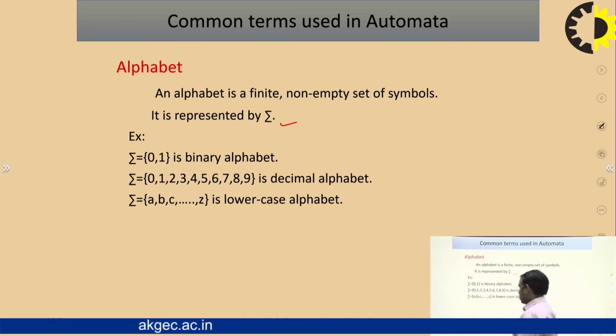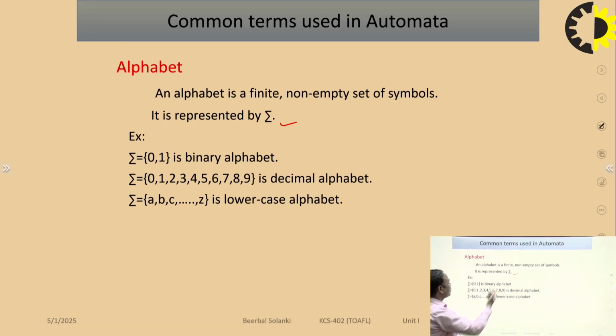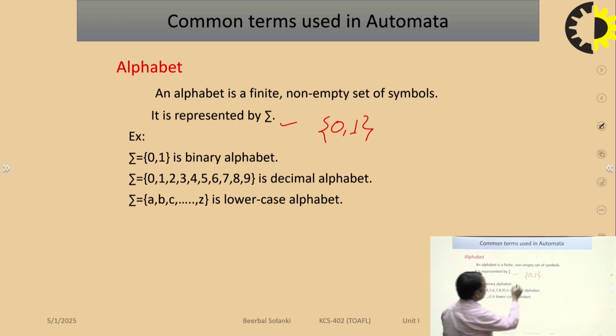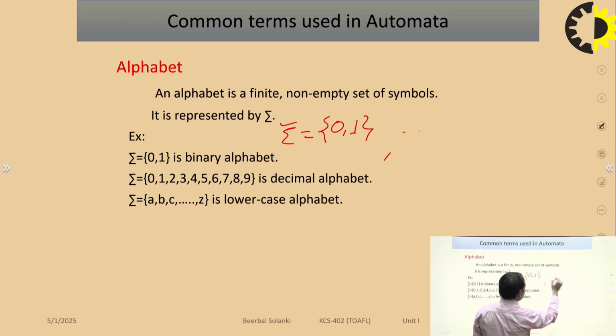An example of an alphabet is a finite set of symbols, which can be in the form of 0, 1. It is represented by sigma, so we can write sigma equal to {0, 1}. If the input alphabet is a, b, then we write sigma equal to {a, b}.